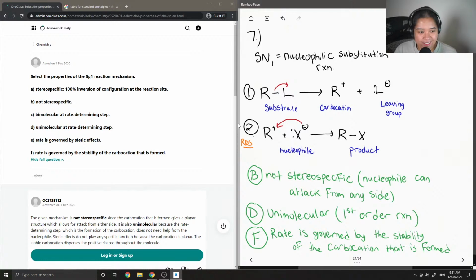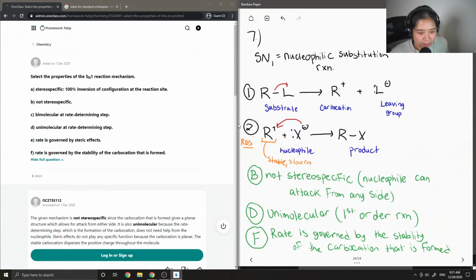So in this case, if our carbocation, which is R+, is stable, then the reaction is a slow reaction. Well, it would be slower because a nucleophile wouldn't want to attack something that is stable.